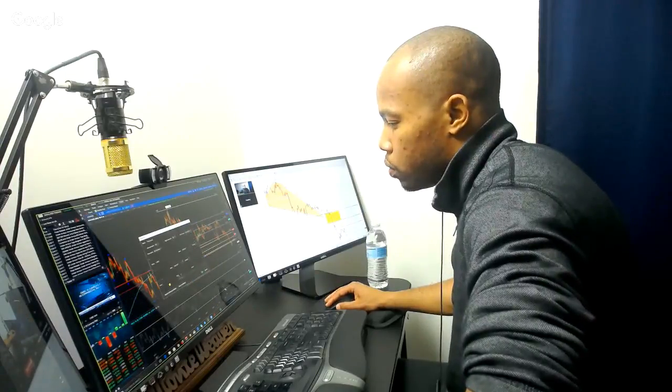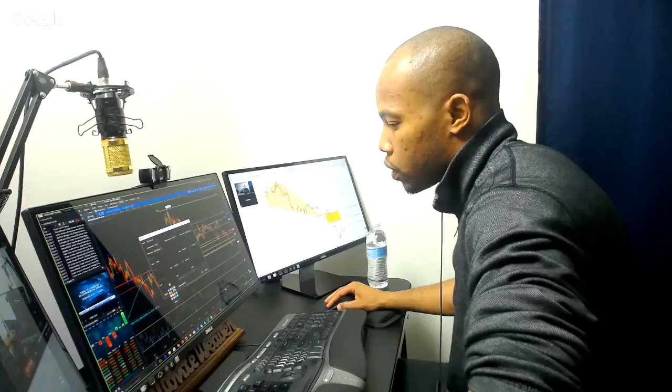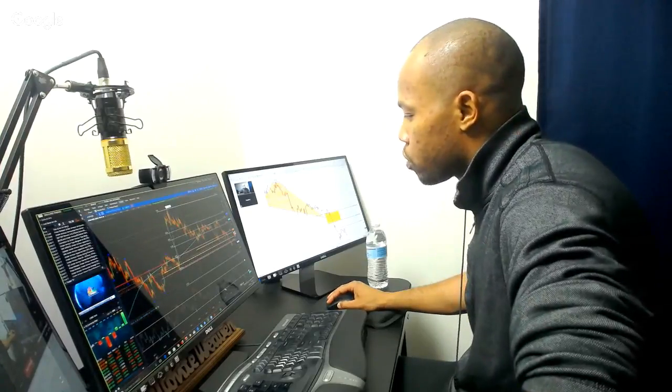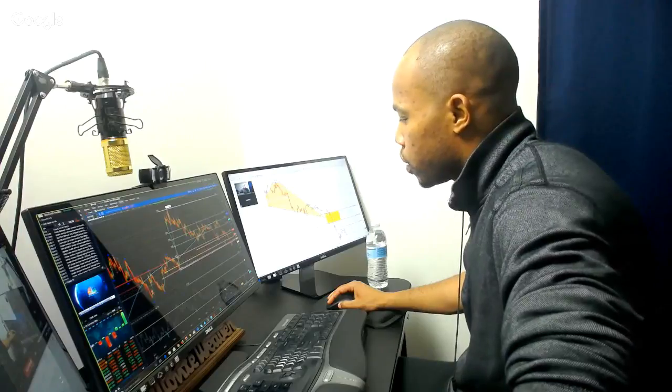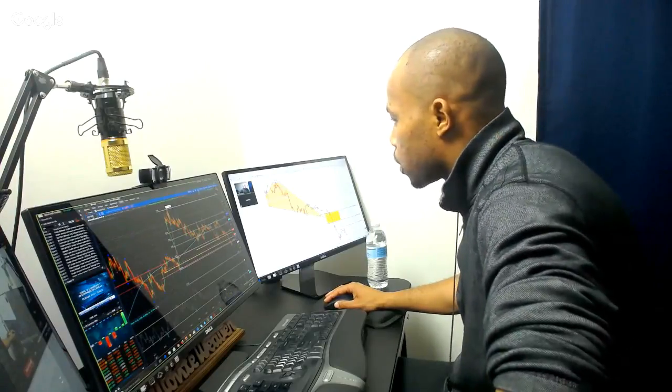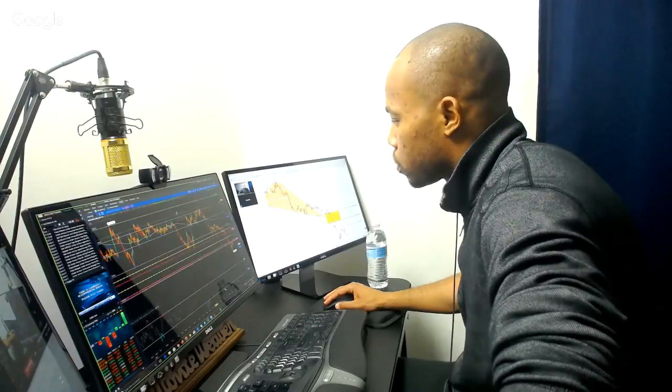Let me change that to red. So those two yellows were our entry on the scanner, and the red was our stop loss on the scanner. And let me go down to the hourly, since that's what we're looking at.